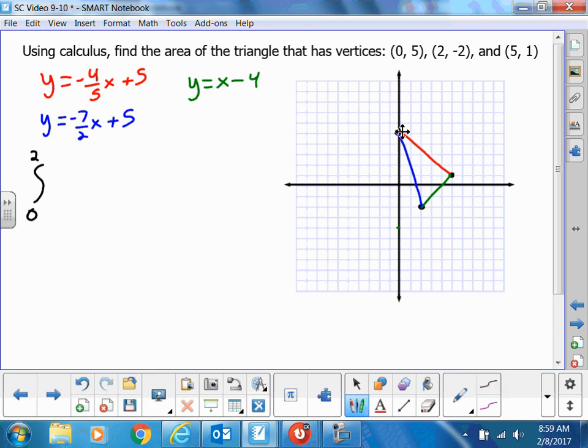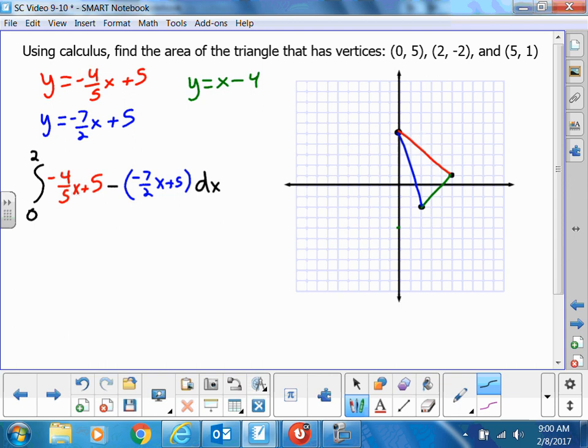And we're going to have our red function, minus 4/5 x plus 5, minus our blue function, and we'll want to make sure we put that in parentheses, minus 7/2 x plus 5, and then dx.